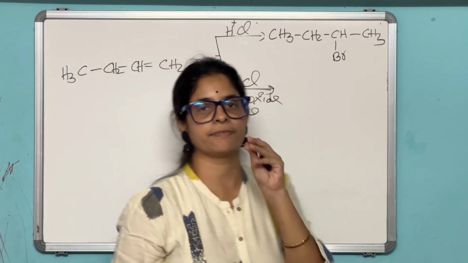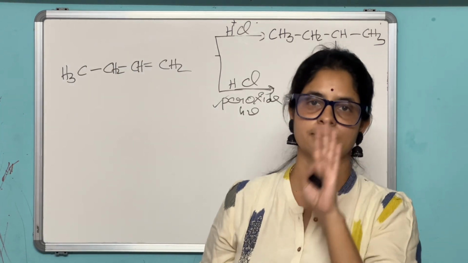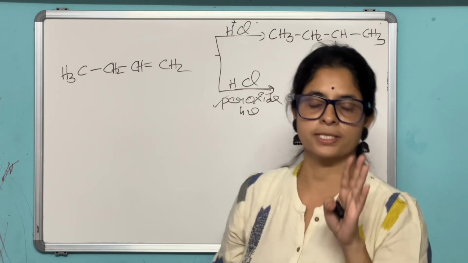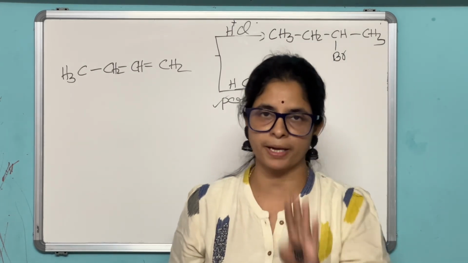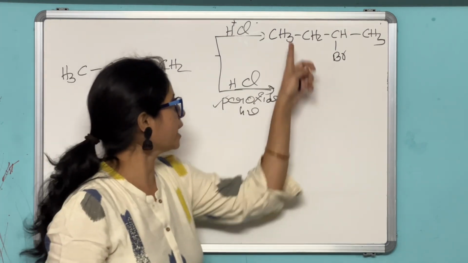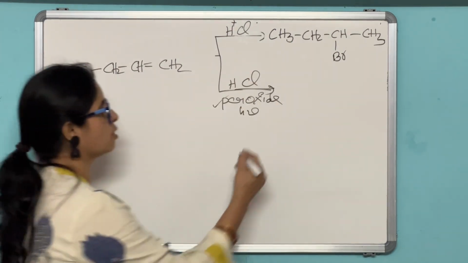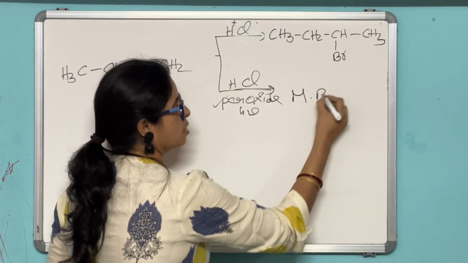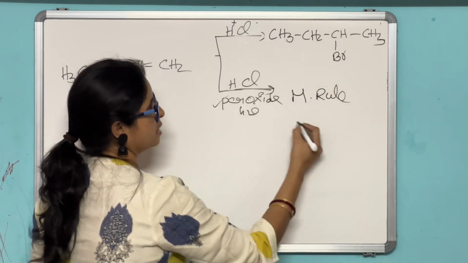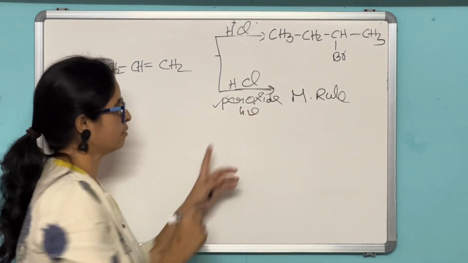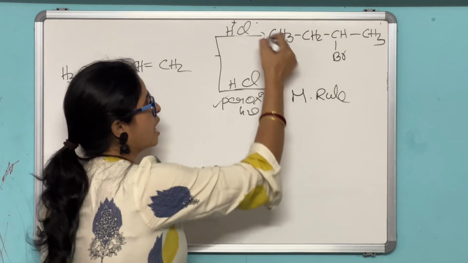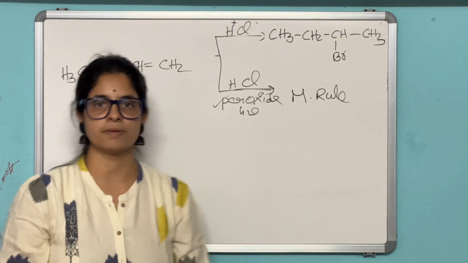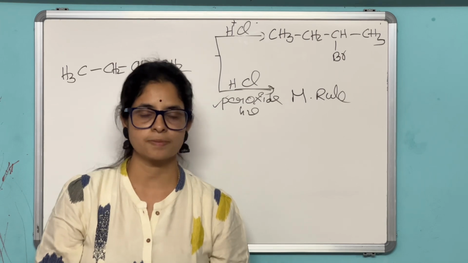Here the peroxide effect is not observed with HCl and HI. Peroxide effect is observed only if you take HBr along with peroxide. So in two cases it follows Markovnikov's rule. So what is your product here? If you are given HCl and peroxide, the same Markovnikov's rule, in both cases the answer will be the same. Clear this point?